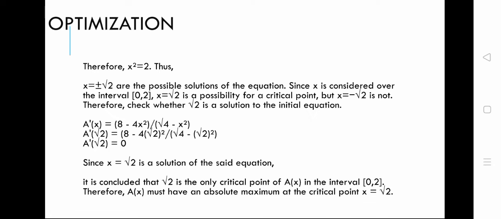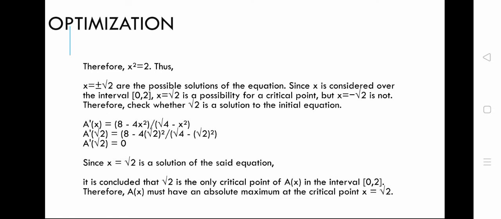A'(square root of 2) is equal to 8 minus 4 times the square root of 2 squared, all over the square root of 4 minus the square root of 2 squared. When we solve it, A'(square root of 2) is 0. Since it is a solution, we conclude that the square root of 2 is the only critical point of A(x) in the interval 0 to 2.